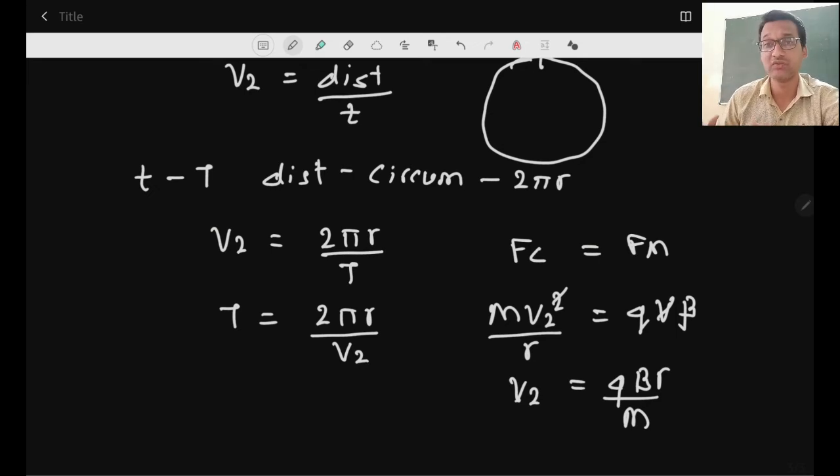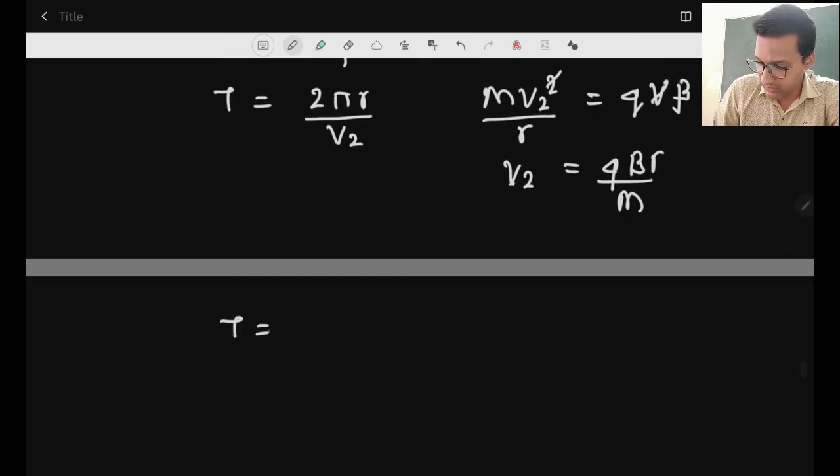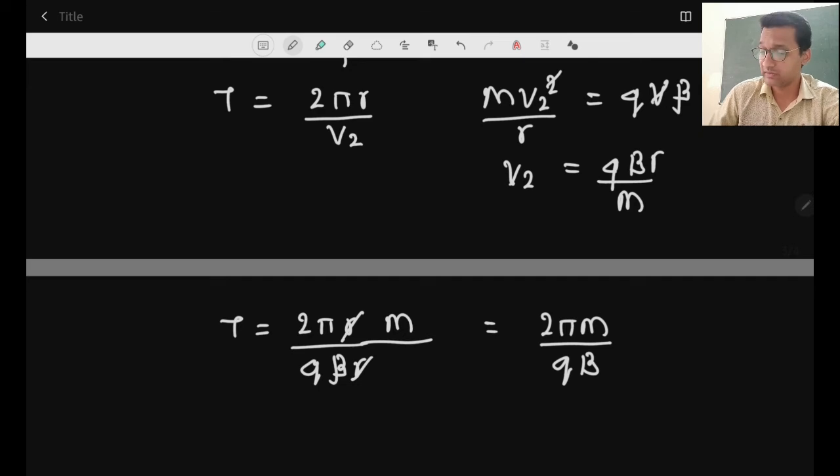So let us replace this value in this equation. T will be 2 pi r divided by V2. Now V2 is qBr divided by m, that means m will go in the numerator. Now here we can cancel r and we will get an equation for the time period, that is 2 pi m divided by qB. Let us call this equation number 3.